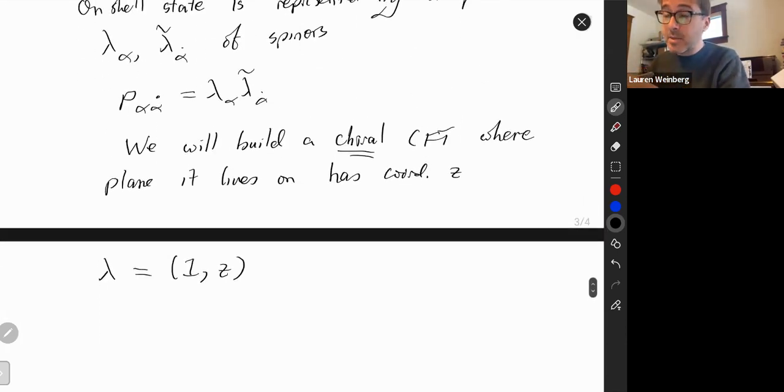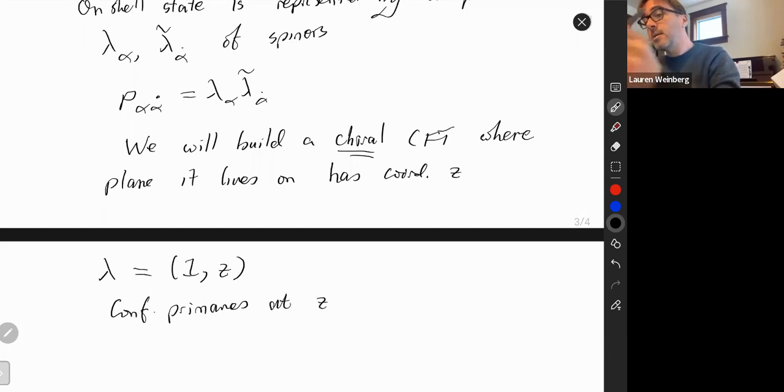If you notice in the expression of the momentum in terms of the spinors, there's some homogeneity, which allows me to scale the first component of one of them to be 1. Then conformal primaries at z will correspond to states in the QFT with fixed lambda.